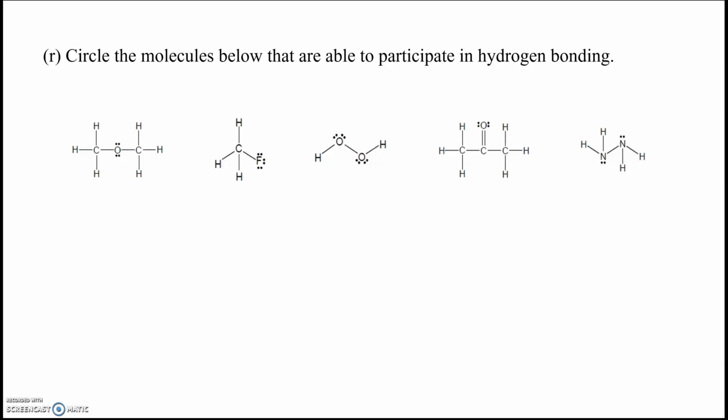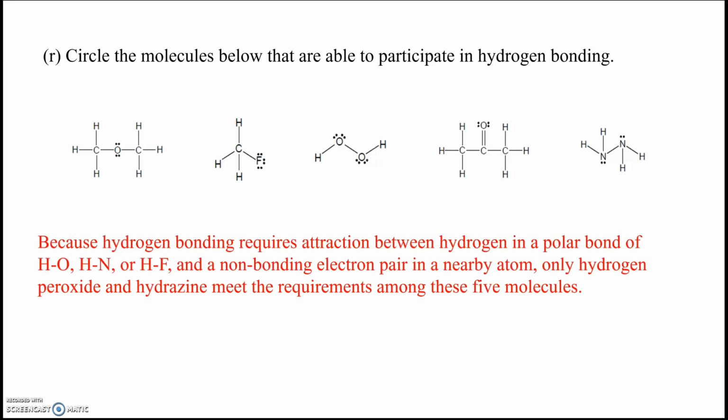All right, problem R asks us to circle the molecules below that are able to participate in hydrogen bonding. All right, hydrogen bonding, again, requires the attraction between hydrogen in a polar bond with oxygen, with nitrogen, or with fluorine, and a non-bonding pair in a nearby atom.